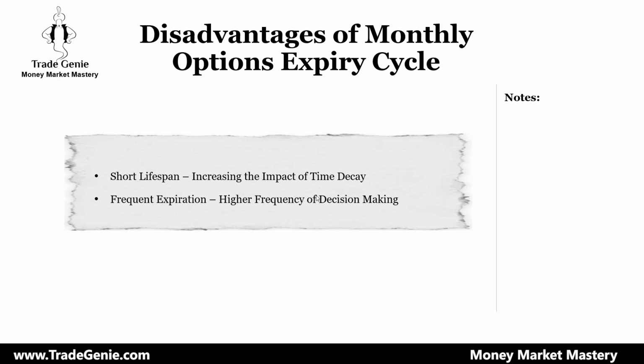Frequent expiration means a higher frequency of decision making. In monthly options, compared to weekly, you still have a higher frequency of decision making. I will explain the quarterly, where you have fewer decisions to make. Once you buy it, you're holding it for a quarter. For monthly options, if you're buying October or November right now, there is not much decision to make if the stock is doing its thing.